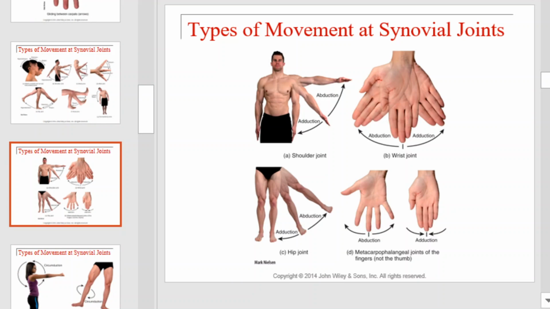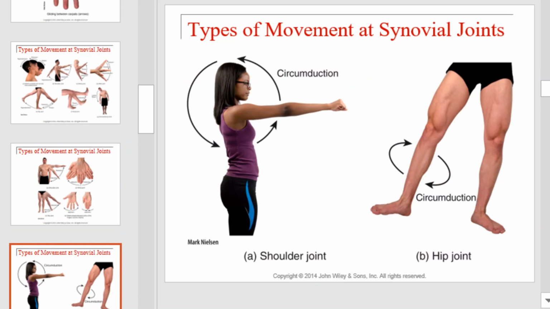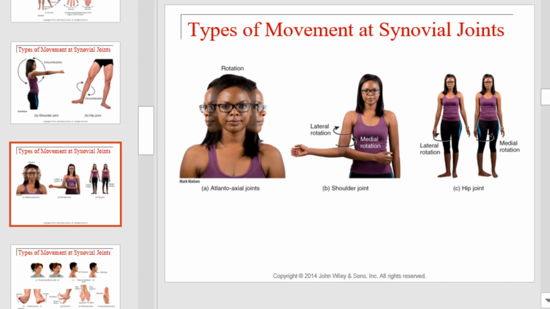Here we have abduction and adduction at the shoulder joint and the wrist. On this slide, we see circumduction using the arm and the leg. Here we have rotational movement.